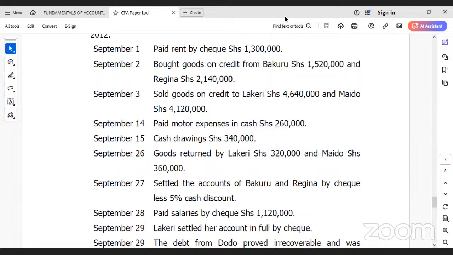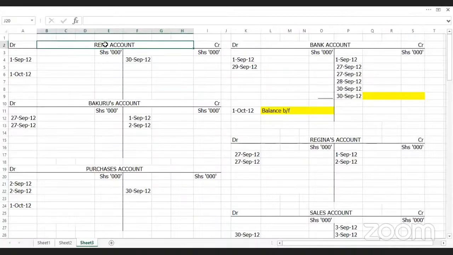So what you're going to do, you prepare your rent account. This is my rent account. I have it here. So you should also prepare your account that side. As you can see, it's a T account.